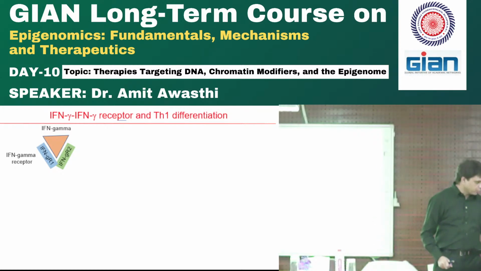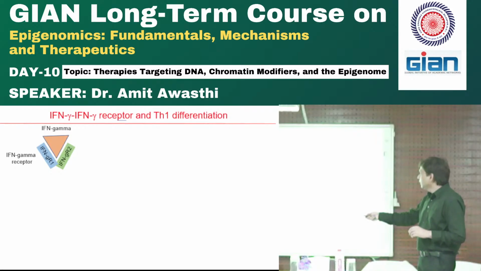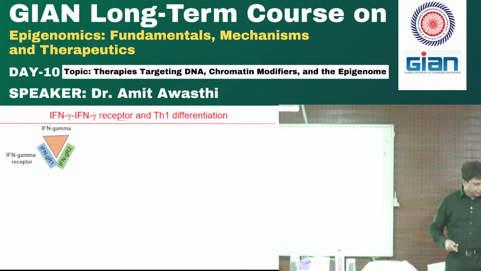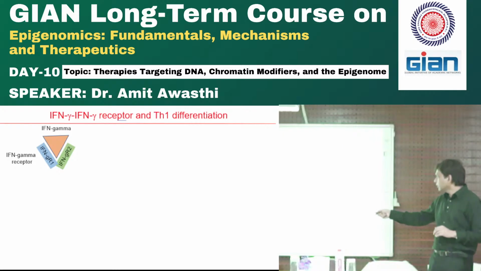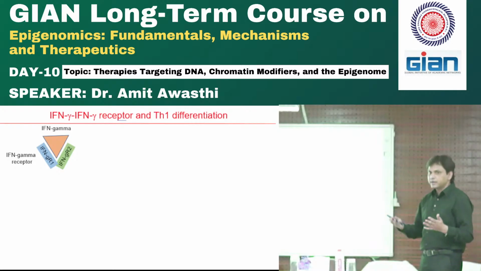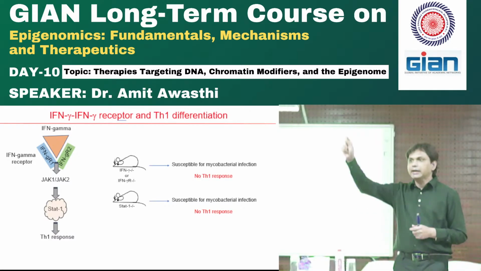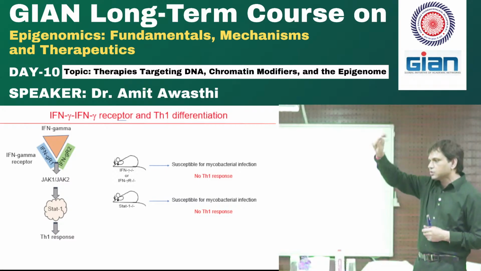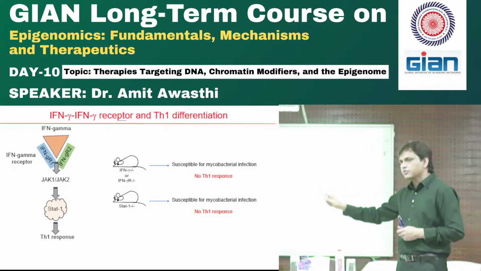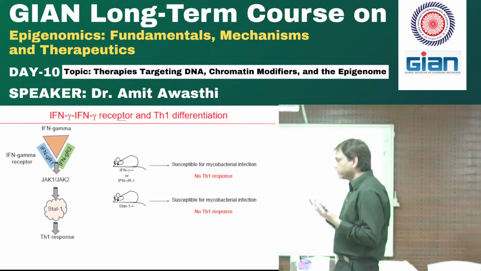People also proved this pathway: interferon gamma through its receptor activates JAK1, STAT1, Th1, and further amplifies Th1. If you make a knockout of either this or STAT1, no response, again susceptible to the infection, dies. So now you connect the dots from IL-12 to the IFN gamma receptor and say this whole pathway is required for the Th1 response.